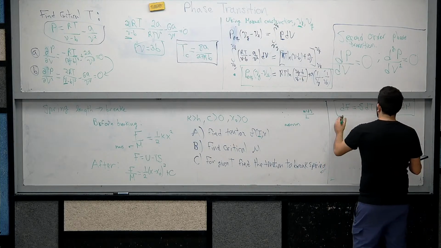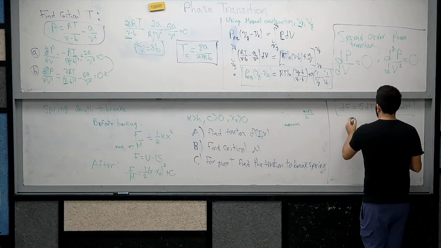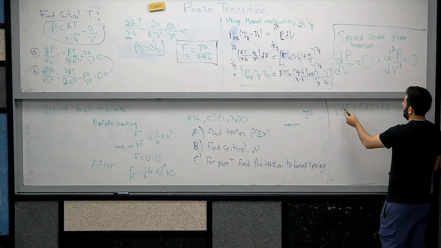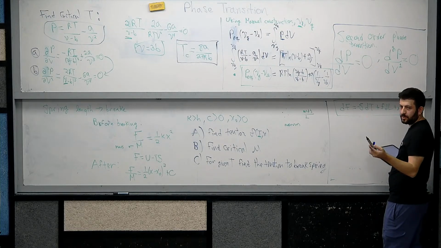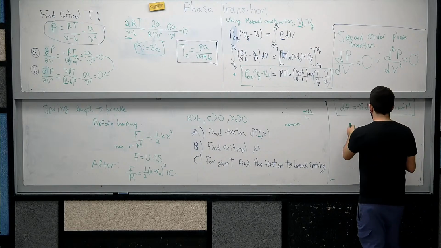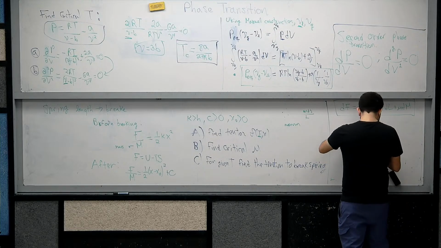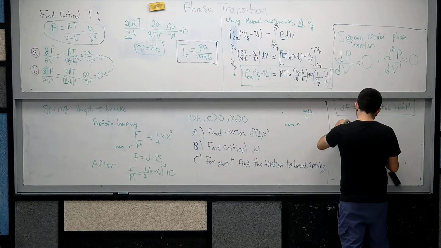So, knowing that this is an exact differential, we can use Euler's criterion, right? And just say that this is the derivative.